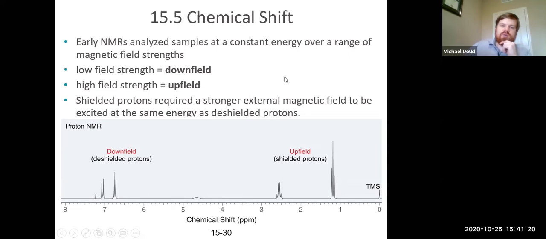The more shielded your protons are, the stronger the external magnetic field needs to be to get you that same energy as the deshielded protons. So on the left side, we have the deshielded protons. Those are the ones that have lost electron density, usually due to the presence of electronegative atoms. And then upfield, we have the shielded protons. These are like in nonpolar bonds, like carbon-hydrogen bonds. That's what we expect to see down here.